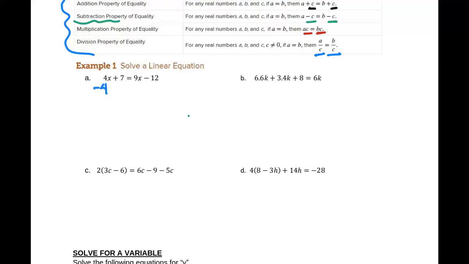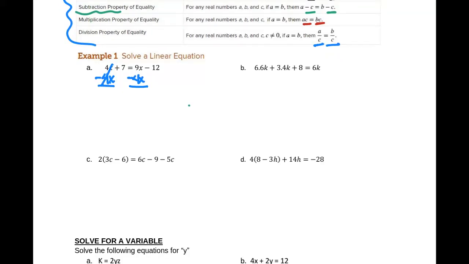Subtract. So subtract 4x and subtract 4x over here. 4x is going to cancel out. Bring down what you have left. 7 is equal to, what is 9x minus 4x? 5x. And you have a minus 12.